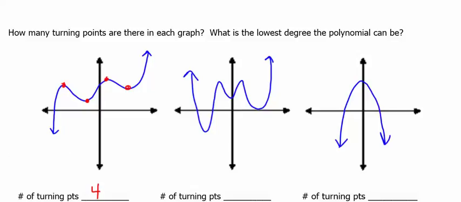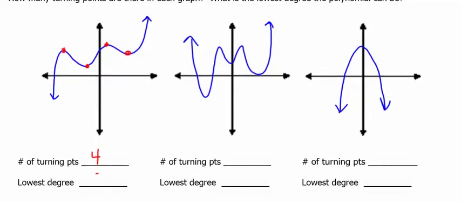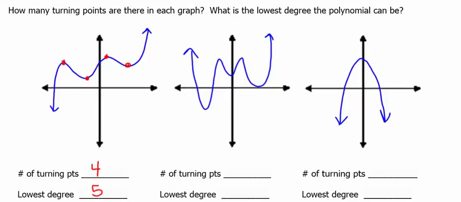Its lowest degree is a degree 5. It can't be anything lower because remember the number of turning points at most is the degree minus 1. The number of turning points in the next would be 1, 2, 3, 4, 5.